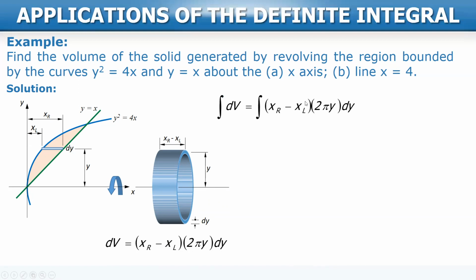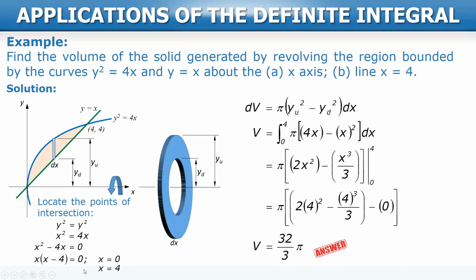And then integrate, the limits are dy from 0 to this point. So, you have to determine or locate the point of intersection. So, you equate the two equations. But we have solved this one in the previous method. 4, 4. Okay.